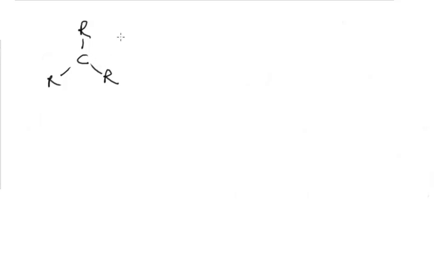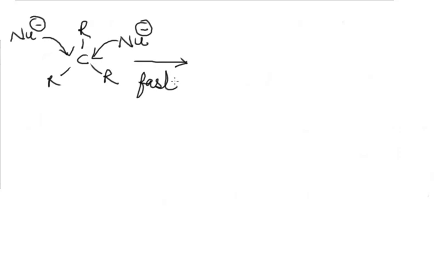So now we have two conditions. Here this is the nucleophile. Now the two conditions mean this nucleophile attacks this carbocation from two directions. The first direction is this one and the second direction is this one. These are the two directions and this step is very fast. The first step is very slow. That's why the first step is known as the rate determining step, but this step is very fast.